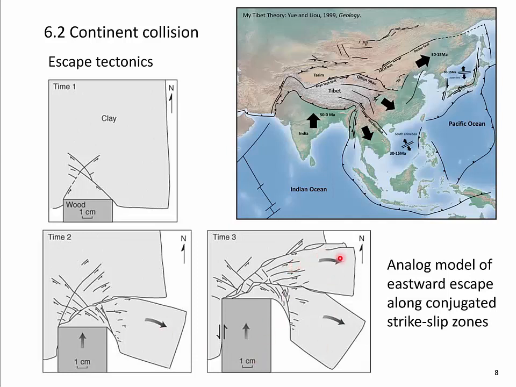A second major block is forming. This resembles quite accurately the situation in East Asia as a response of the Indian collision. We do not see escape tectonics to the west, simply because to the west there is the main part of the Eurasian continent, and movements cannot be easily compensated along subduction zones that we see here in the Western Pacific.